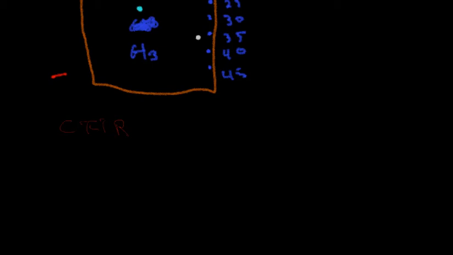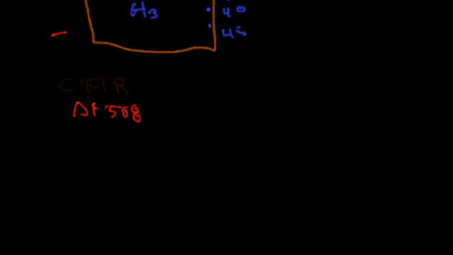And we know that in a specific mutation, the delta F508, it looks a certain way. We can just see how much RNA for delta F508 is being turned out in a given patient.